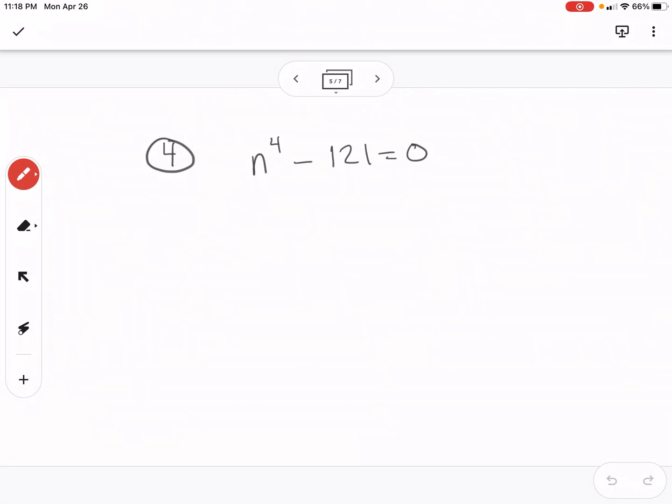In this next problem, I look for GCF. There's no GCF right now because not both of them have numbers and not both of them have n. So next, I notice it's a binomial. So I'm going to check for difference of squares.